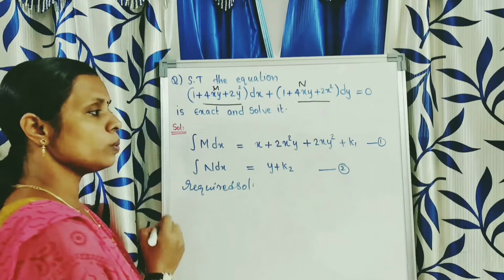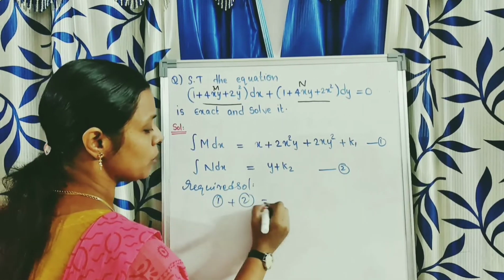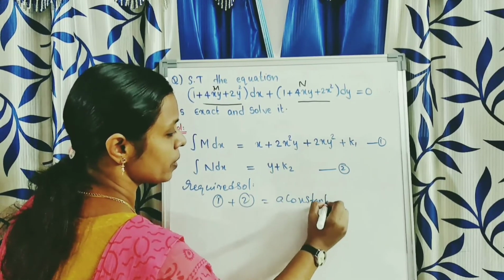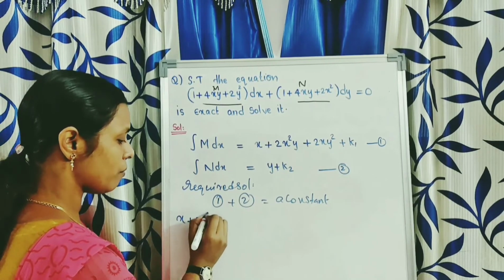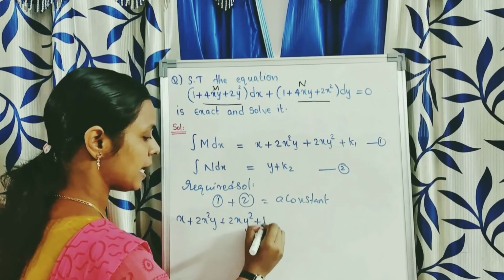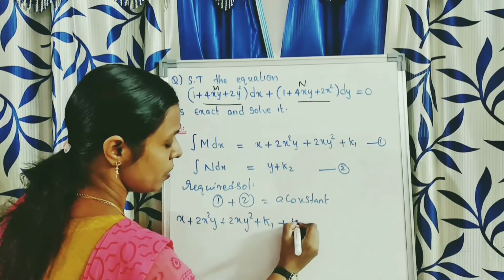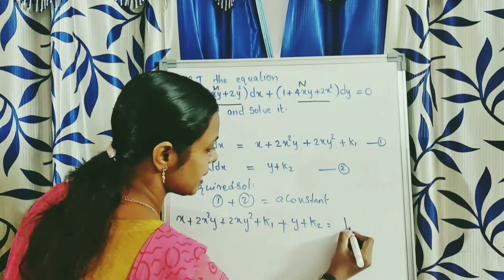Now the required solution is expression 1 plus expression 2 equal to a constant. Here expression 1 is x plus 2x square y plus 2xy square plus k1, and expression 2 is y plus k2, equal to a constant k.